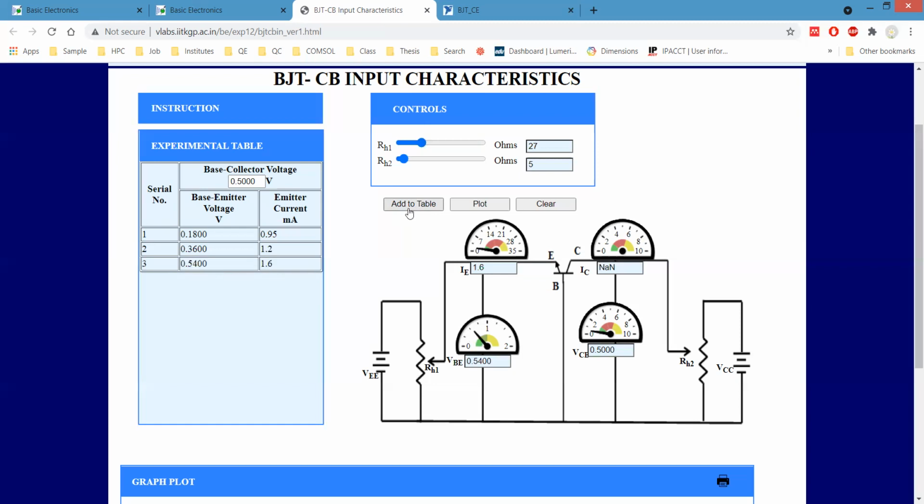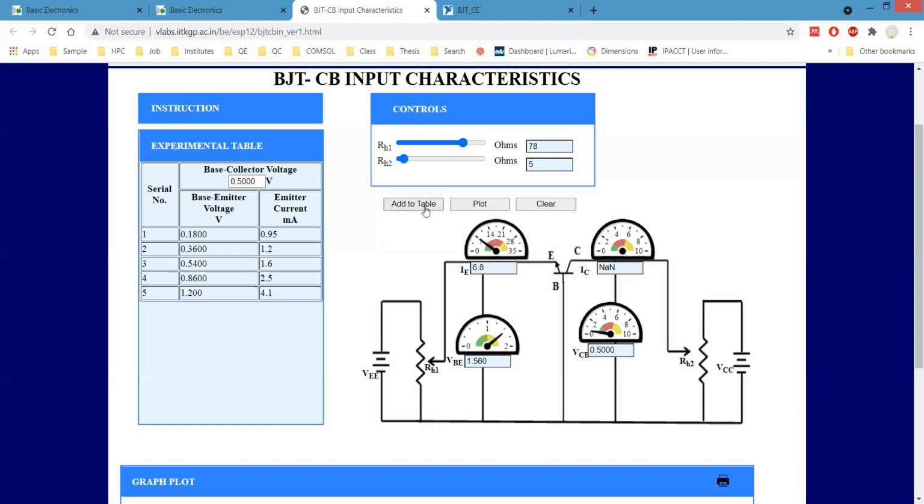Now for 0.54 volt we have 1.6 milliamps, and now we have moved towards a higher value of base emitter voltage, 0.86. For 0.86 volt we have a current of 2.5 milliamps, and for 1.2 volt the current is 4.1.